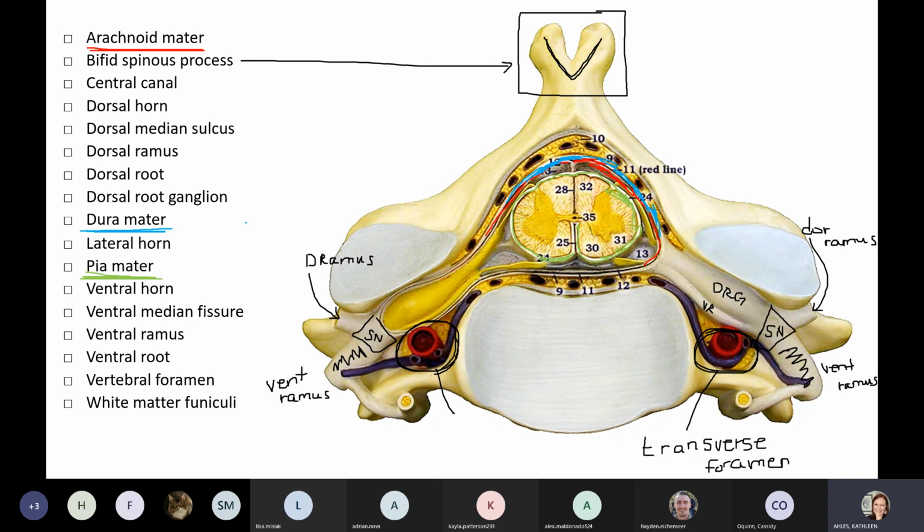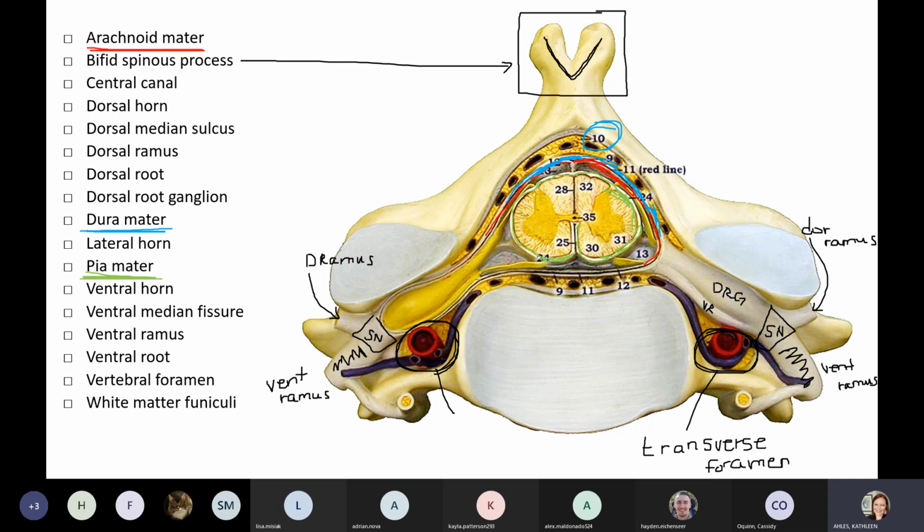Something we will talk about more in lecture, but I'll mention it to you. Notice the space here called number 10. They labeled number 10 with all of that yellow adipose tissue in it and blood vessels in it. That's something, I'll type it in the chat, called the epidural space. So it's above the dura mater, the epidural space.